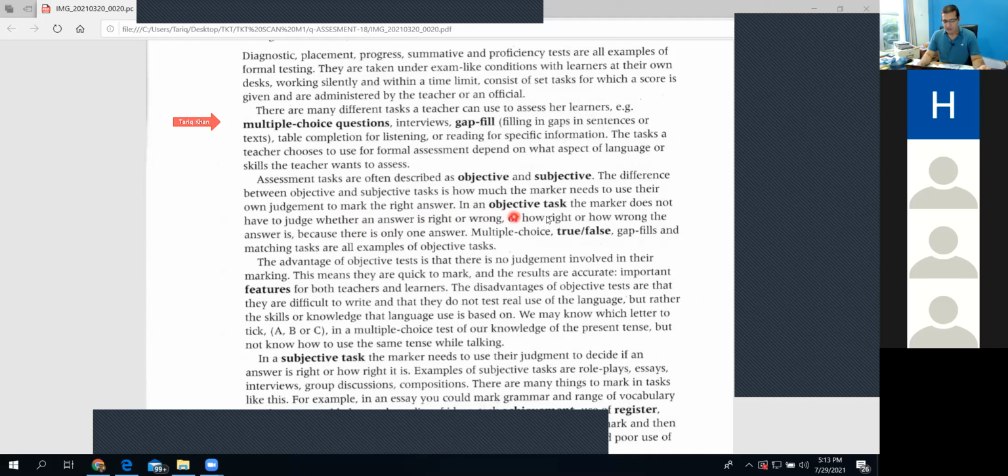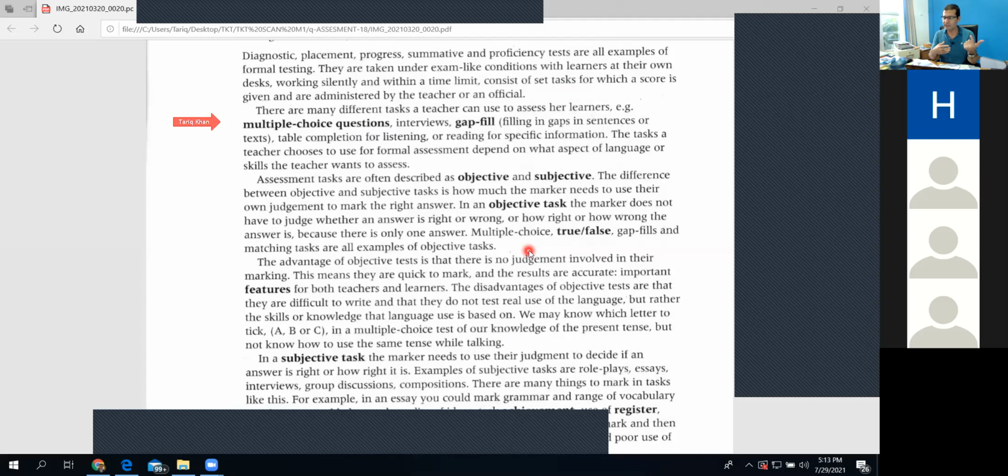Right answer. In an objective task, the marker does not have to judge whether its answer is right or wrong, and how right or how wrong the answer is, because there is only one answer. Multiple choice, true, false, gap fills, and matching tasks are examples of objective tasks. In an objective task, the one who is marking the paper does not have to use their own understanding.